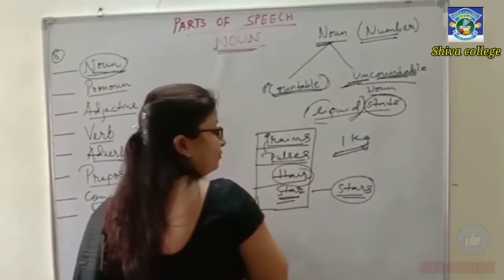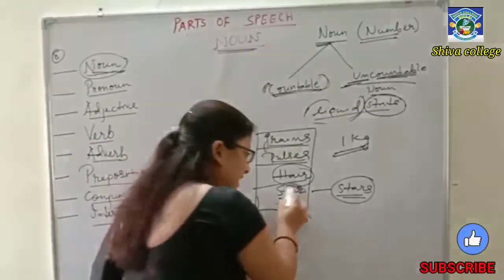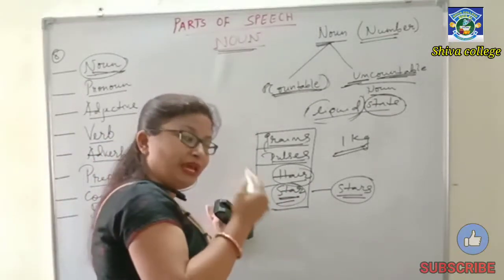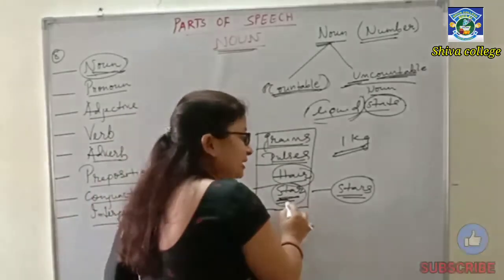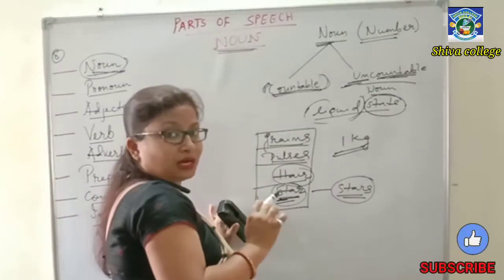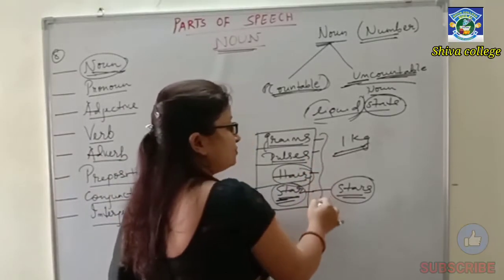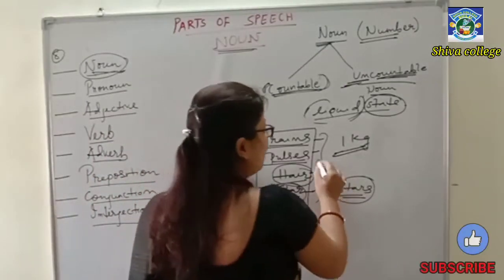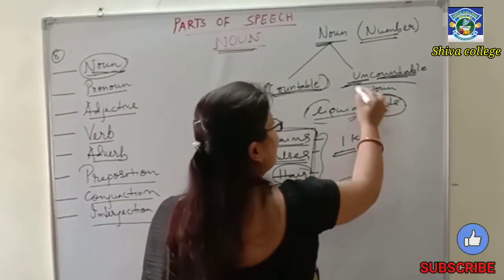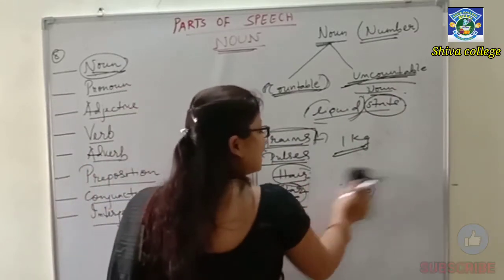Similarly, hair, we can count our hair, but that is useless. Star, we can count stars, it may take a long time, but it is useless to count. That is why the things which are useless to count and we don't call as an individual, all these things come under uncountable noun. Now here, star, stars.